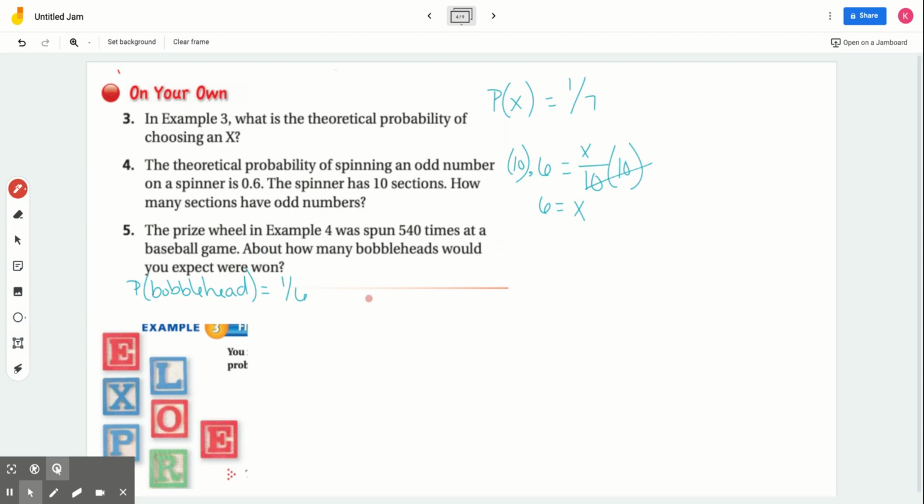So here, if we know that the theoretical probability is 1 out of 6, and we know that the wheel is going to be spun 540 times, we want to know how many times we would win a bobblehead. So 6 times x is 6x, 1 times 540. Use those inverse operations. So we have x is equal to 90. So you'd predict that there would be 90 times that a bobblehead would be won.